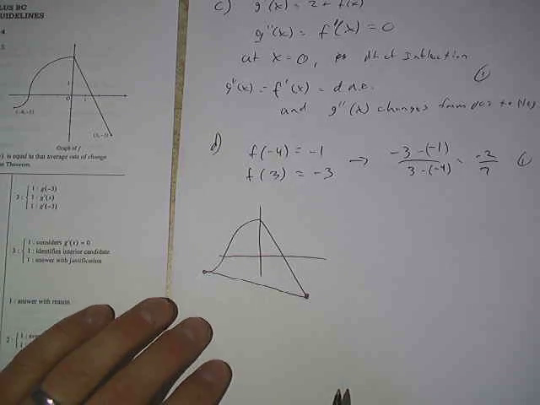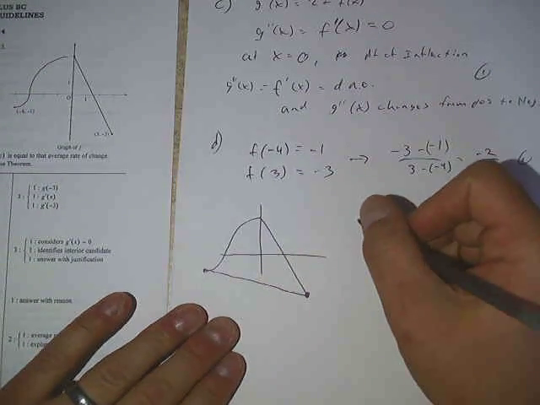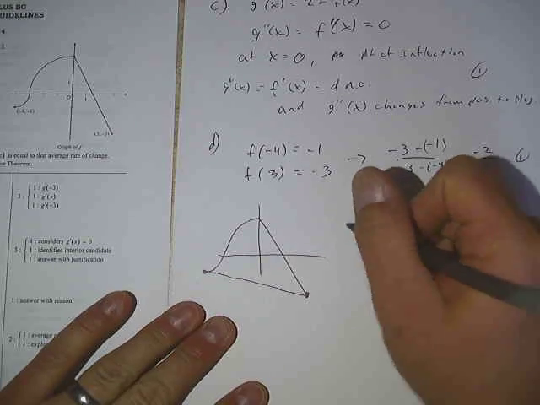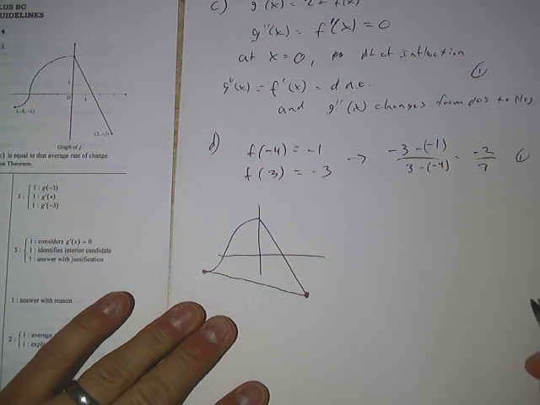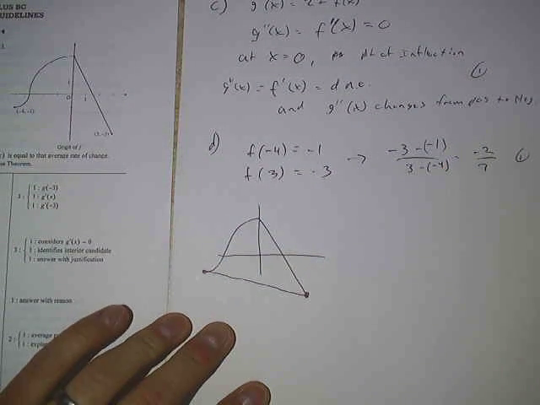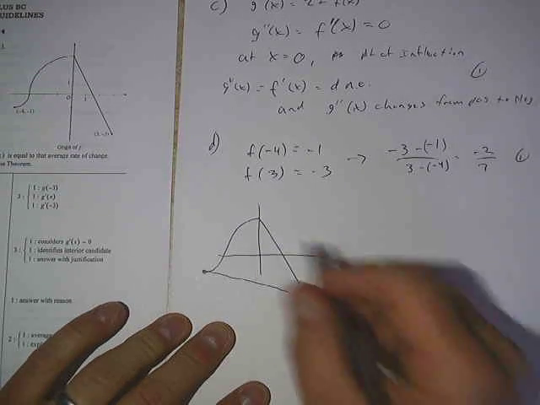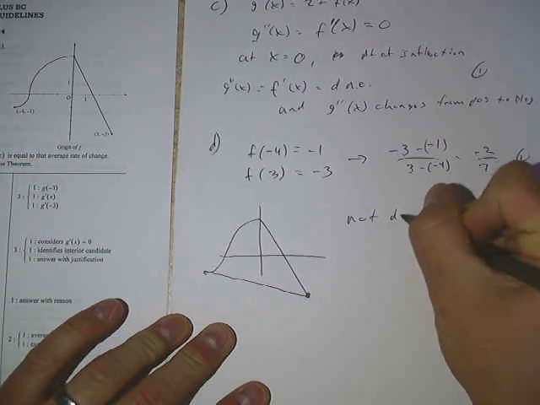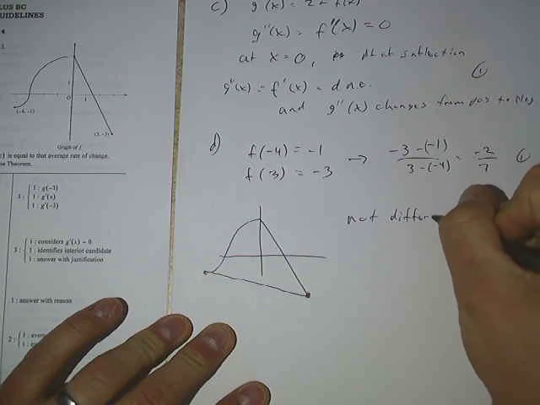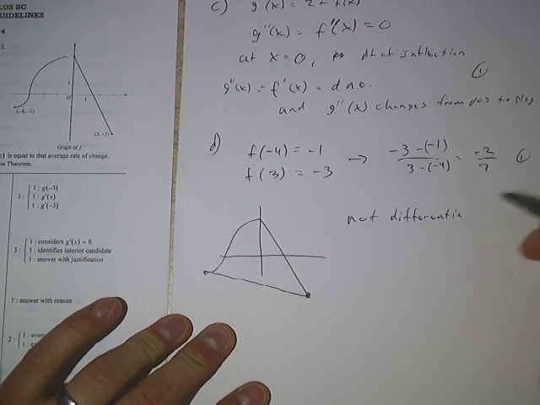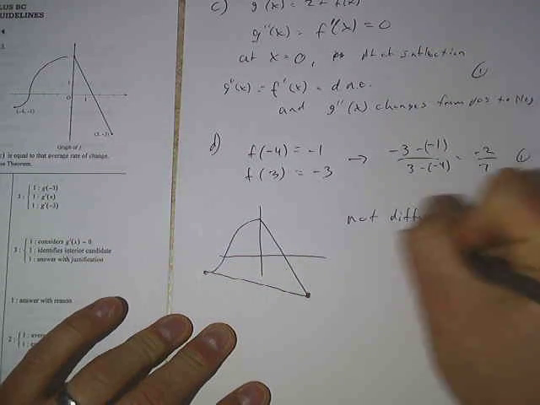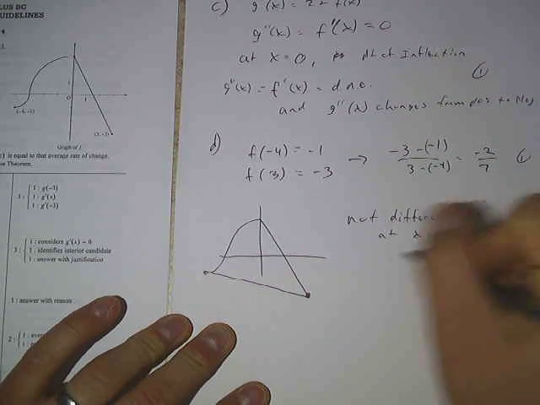All right. And then ultimately, the rest of it's a mean value theorem question. It says there is no point c between -4 and 3 for which the derivative is equal to the average rate of change. Explain why this does not contradict the mean value theorem. Again, with our picture looking something like this, here are our 2 endpoints. Okay.